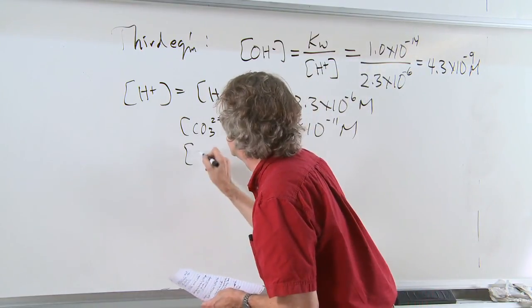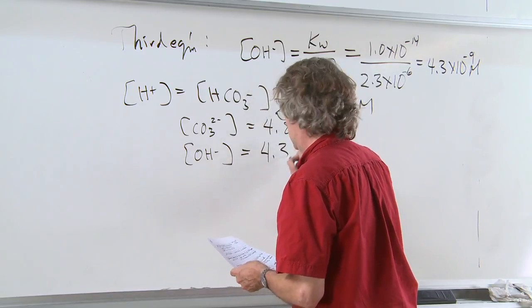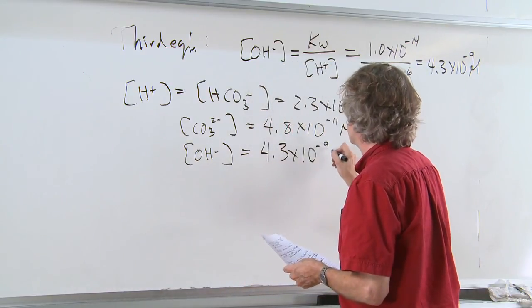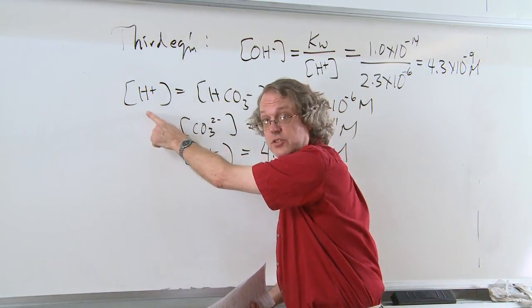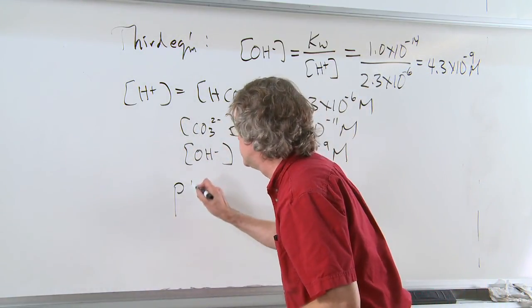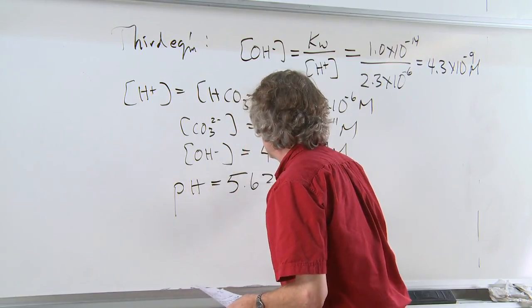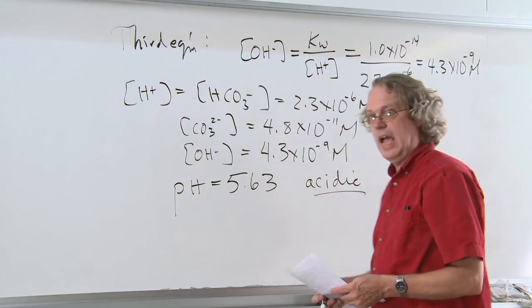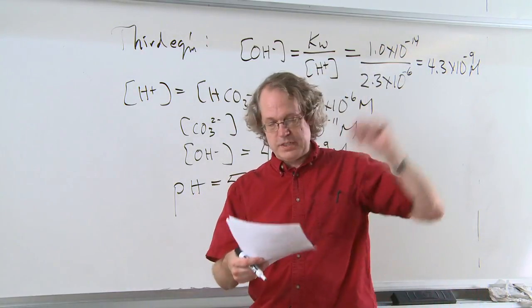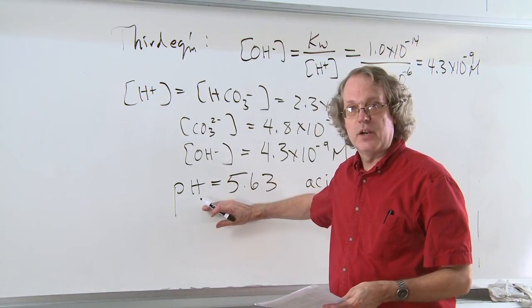And the concentration of OH- that we just calculated was 4.3 times 10 to the minus 9 molar. If I take this concentration of protons and calculate the pH, I get a pH of 5.63, which is indeed acidic. So even in the absence of things in the atmosphere that create acid rain, raindrops are acidic.